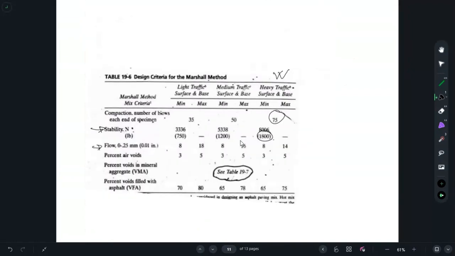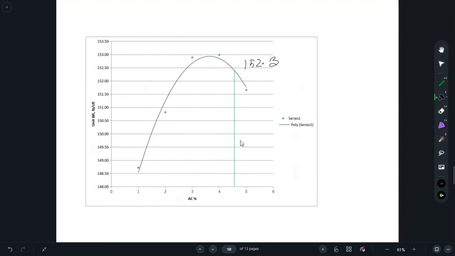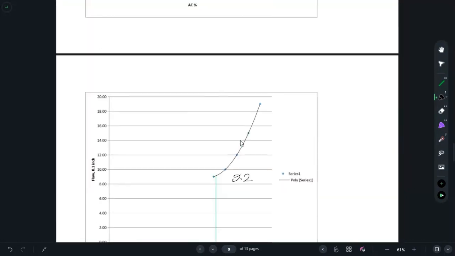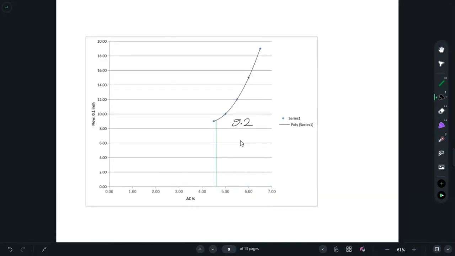Okay, let's find the next one. Let's go for flow value. We need a minimum flow value of 8 and maximum 14. And we got a flow value of 9.5. So minimum is 8, max is 14. So okay, the design is okay for flow value.